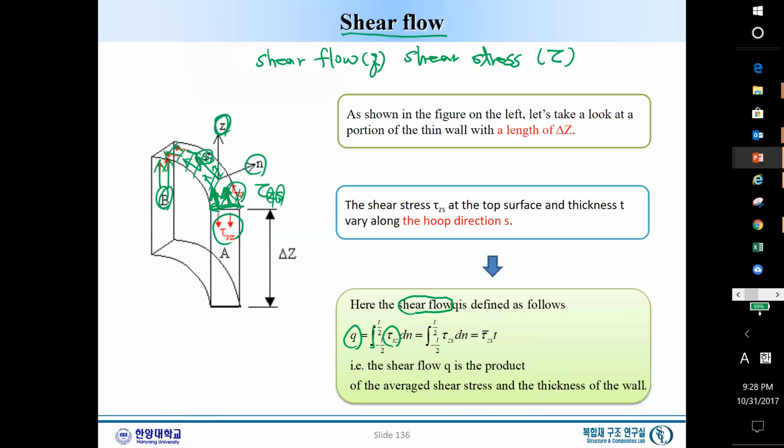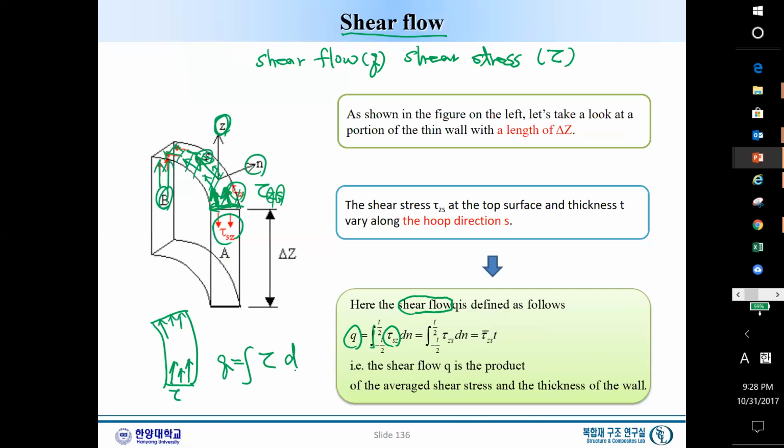If we look at the top, this shear stress may not be uniform, maybe small or large, depending on the location along the thickness. Here is the same thing. This is a tau stress, but the shear flow we define is the integration of this through the thickness.